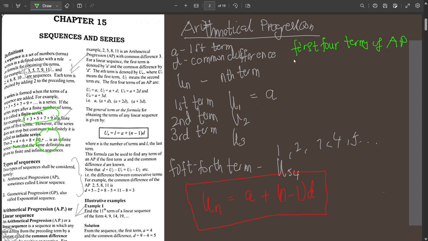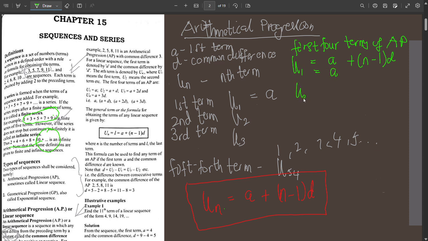So the first term, u of 1, will be a, because we said that it's a. But if you are using the full formula, it could be a plus n minus 1 d. But n here was 1, because we want the first term, so we replace n with 1. Then 1 minus 1 will be 0, and 0 times any number is 0. In the end, you are going to get just a. So the first term is a.